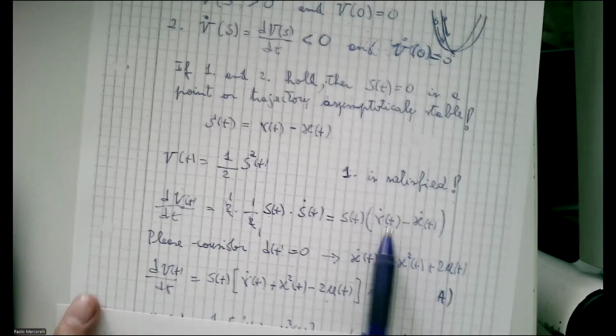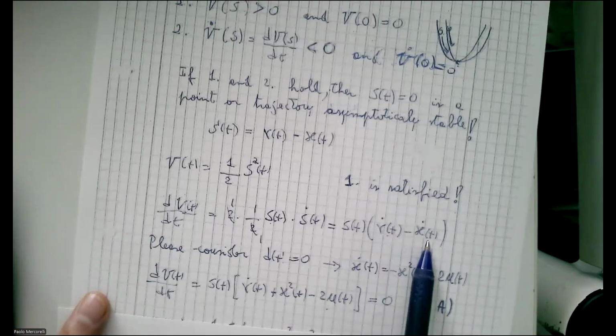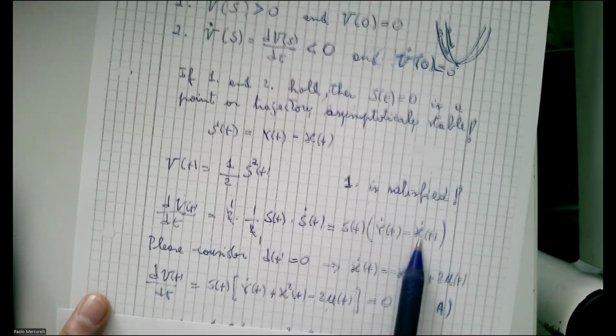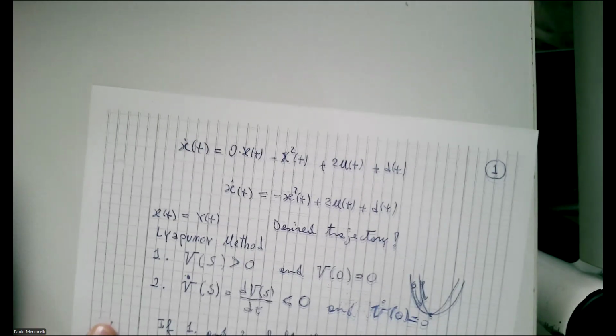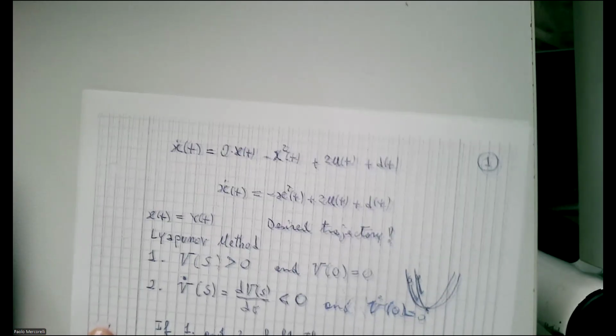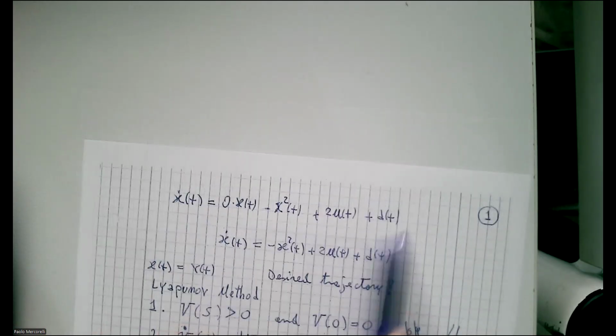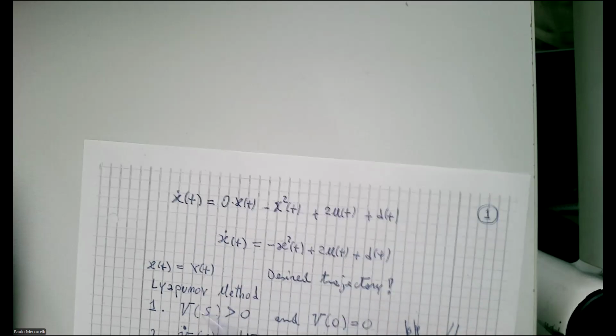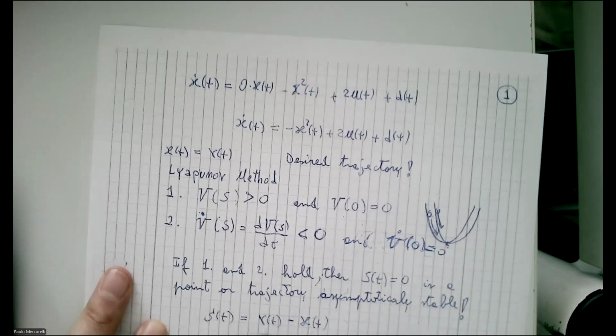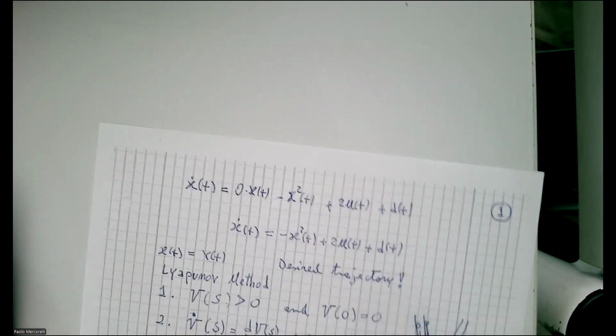Now, look at this expression here. X dot, because don't forget that x in the theorem, f of x is constrained to the system here. I mean, in this theorem s is a function of the state, but the state is a state if I have a system.